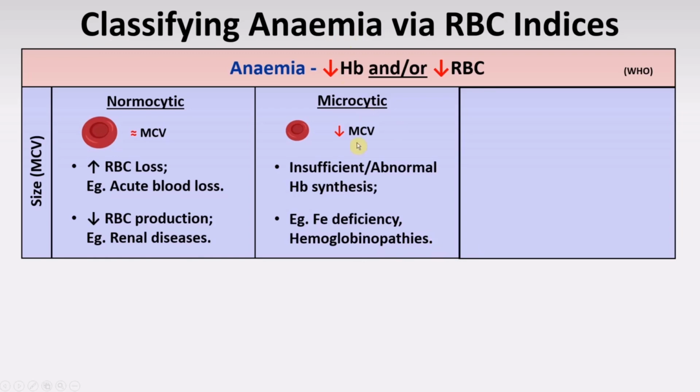Now, other than microcytic anemia, the size of the cells can be in the opposite direction as well. That means the MCV is high, and instead of seeing small RBC, you are seeing extremely large RBCs being produced. And some of you may think that, hey, isn't this good? We have bigger RBC, meaning we have bigger oxygen carrying capacity.